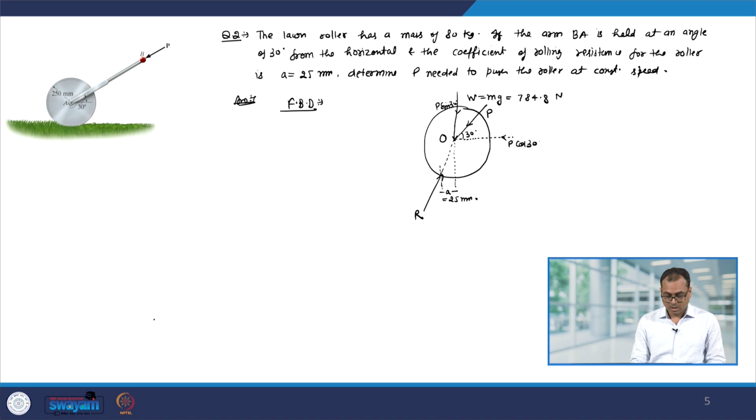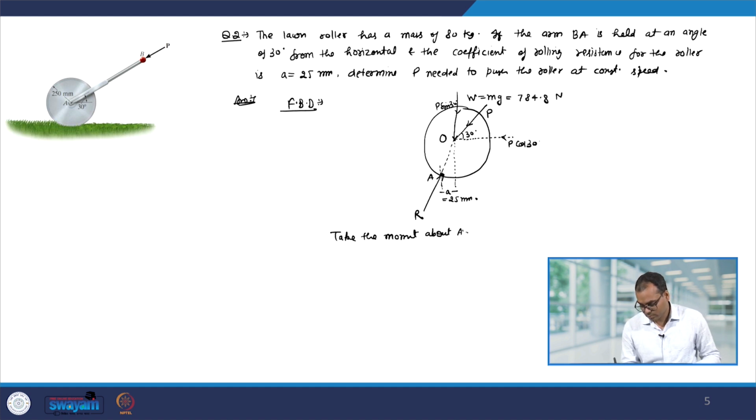and it is given that a is 25 mm. So, to find out P, let us take the moment about A. Okay. So, in that case the R will go away. So, we have 784.8 Newton force, its distance from point A is 25 mm and it has a tendency to rotate in the clockwise direction.